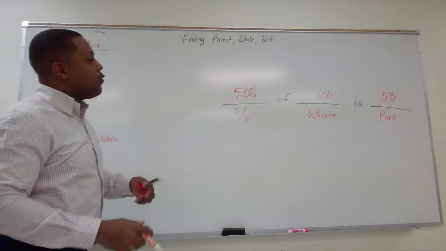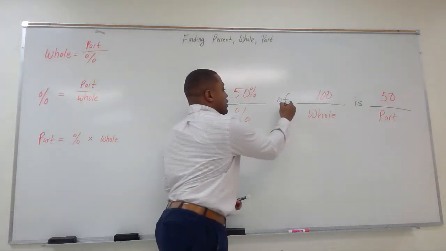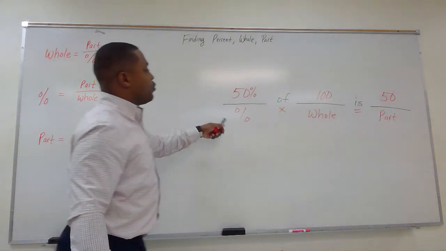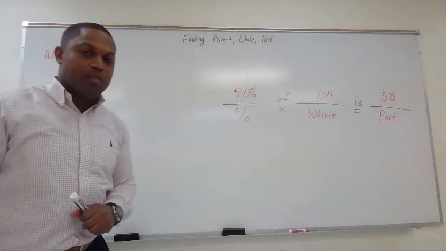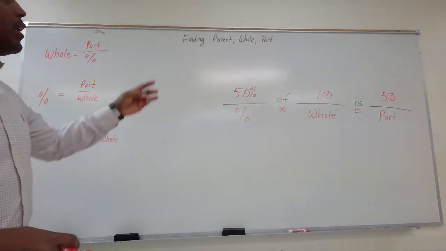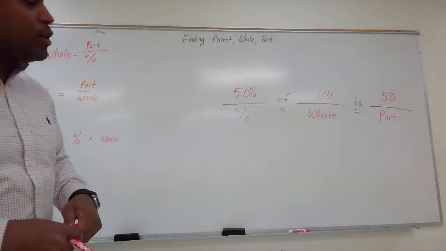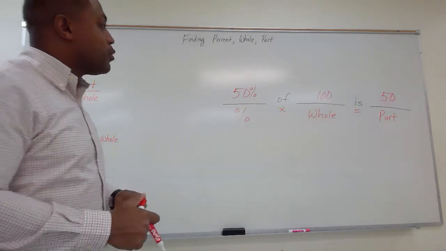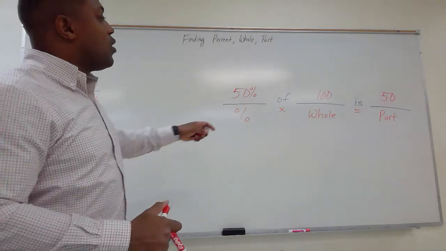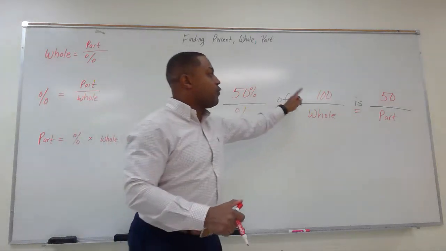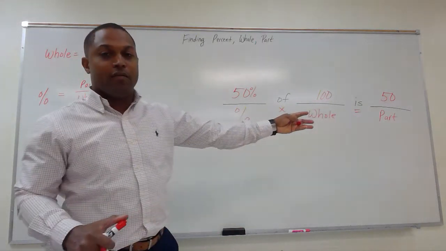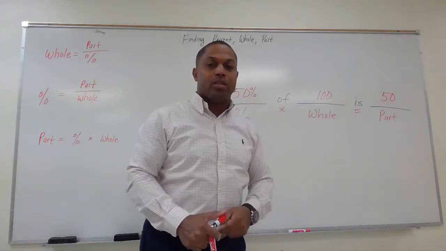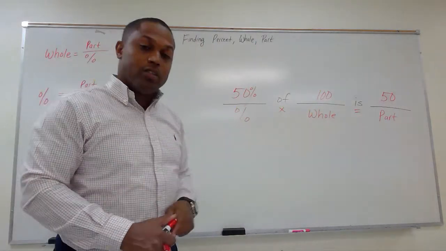We know in math terms that "of" means multiplication, so the percent times the whole equals the part is what's being said here. I put up numbers that we're well familiar with so that we can focus on the process more than the numbers themselves. So we know that 50% of 100 is 50. When we talk about 50%, we call that half. So half of 100 is 50.